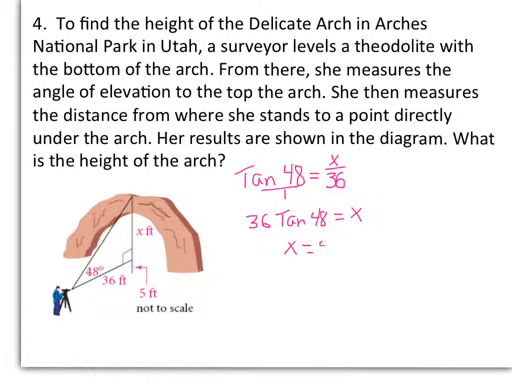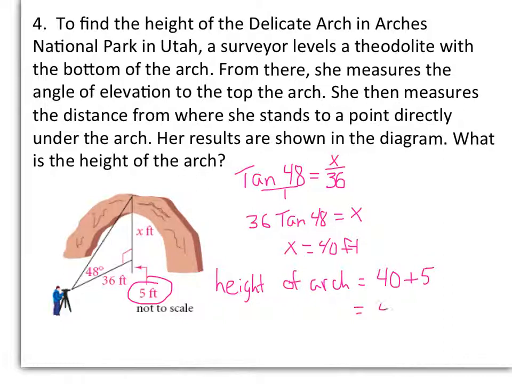And we get that x is 40 feet. But if you notice, we have to add in this 5 feet because of her theodolite. So the height of the arch will be that 40 feet plus 5 feet, or 45 feet total.